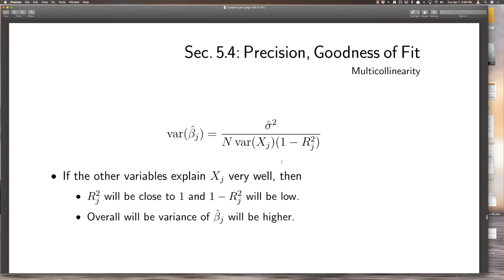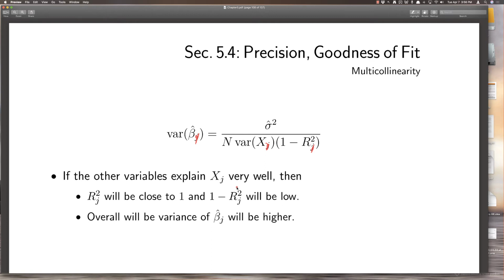So what happens here? Well, let's think about what if R squared sub j, and again, let me just put in 1s for everything, 1 here, and 1 here, and 1 here. What if R squared sub 1 was big? What if R squared is close to 1? Remember, R squareds are the amount of variance that the right-hand side explains about the left-hand side.